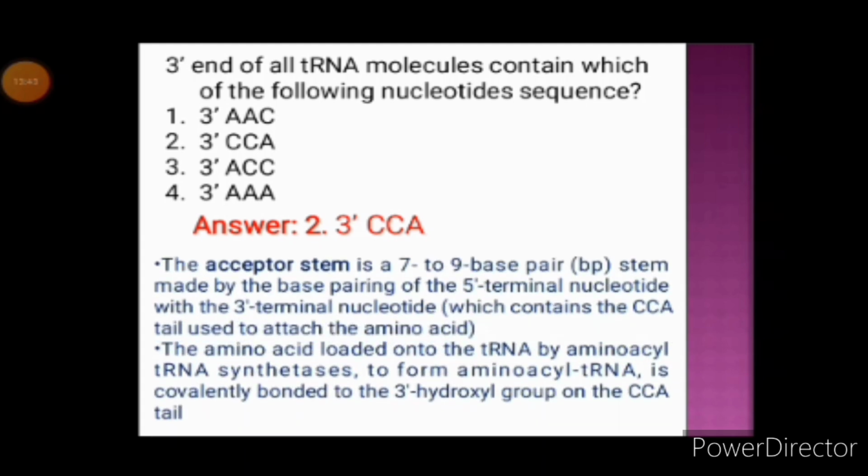The acceptor arm is a 7 to 9 base pair stem made by base pairing of the 5' terminal nucleotide with the 3' terminal nucleotide, which contains the CCA tail used to attach the amino acid. The amino acid is loaded onto the tRNA by aminoacyl-tRNA synthetase to form aminoacyl-tRNA and is covalently bonded to the 3' hydroxyl group on the CCA tail.